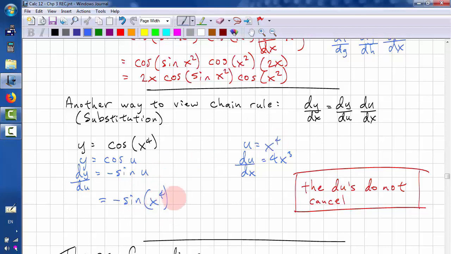So when we're substituting, we shouldn't have our temporary variable anymore in our final answer. And then we put in 4x cubed. And again, we want to order the polynomial, negative 4x cubed sine x to the power of 4. And again, the du's don't cancel.